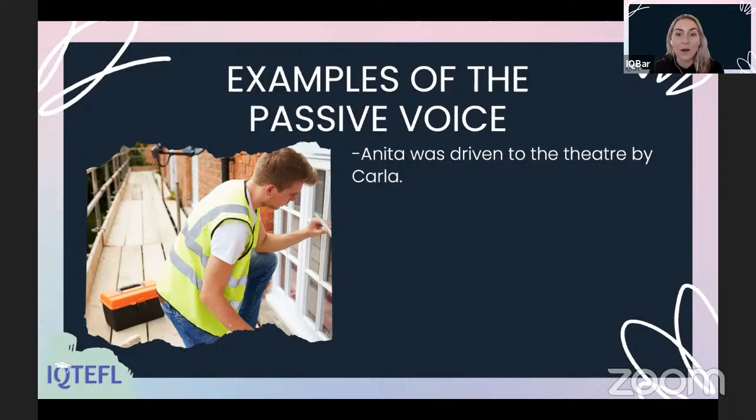So it would be Carla drove Anita to the theater. Now, Anita would be the object in the active voice. And with passive voice, she becomes the subject. So the subject is being acted upon by the action, which was driven.